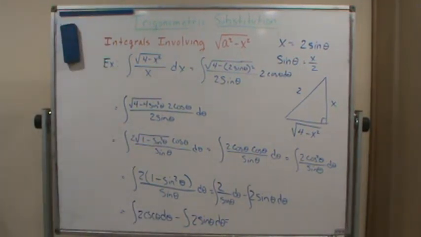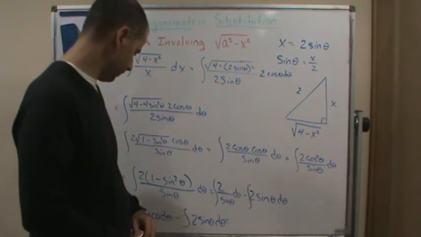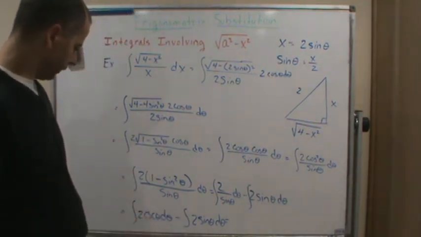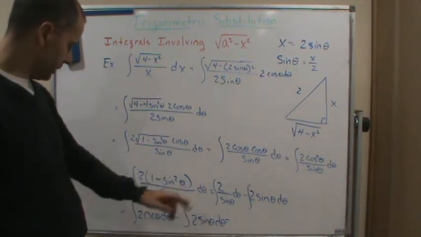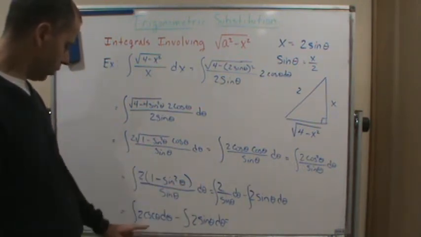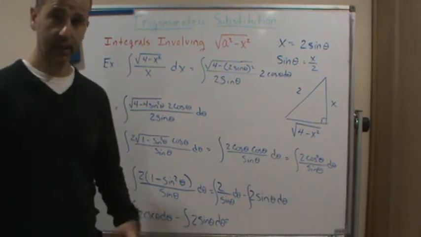This is where your knowledge of the integrals comes in. Cosecant gives us the natural log of cosecant minus cotangent. Remember, the integral of secant is secant plus tangent, so for cosecant we're going to get something similar to that.